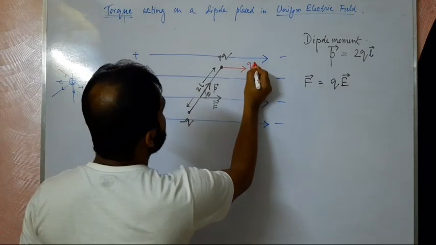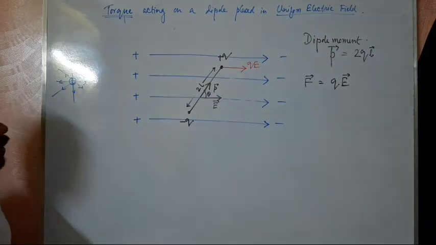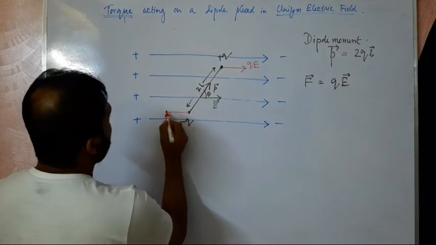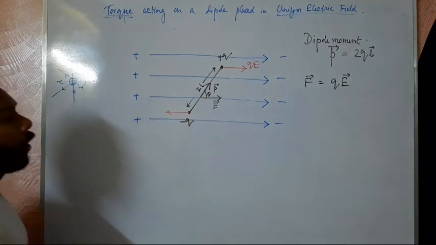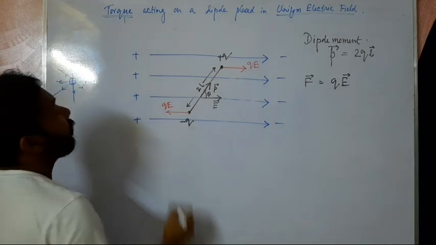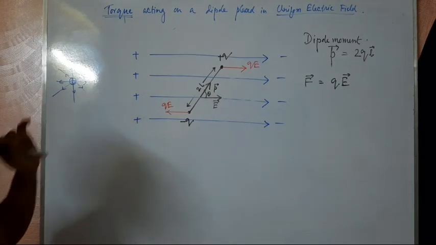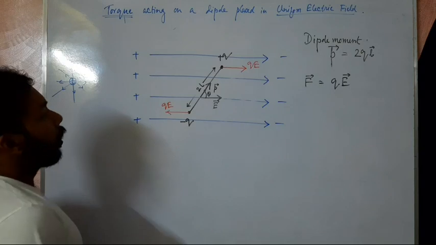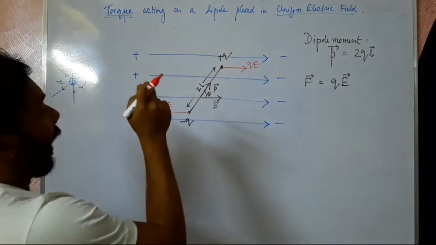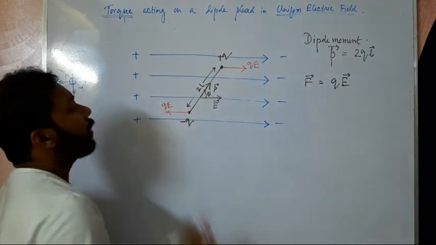So QE is the amount of force acting on the positive charge in the direction of the field, and the same force will act on the negative charge also, but here the direction of the force will be exactly opposite to the field because the negative charge is attracted towards the positive end. So we can see there are equal and opposite forces acting on the dipole when the dipole is placed inside a uniform electric field.